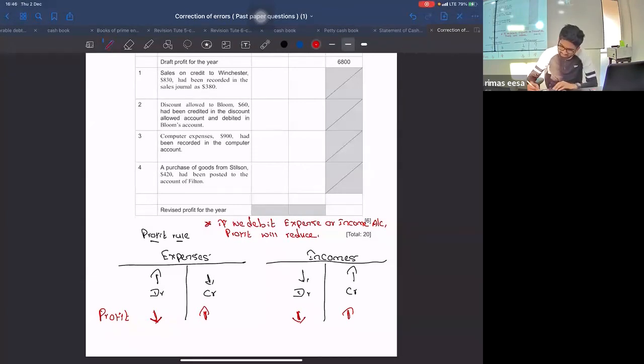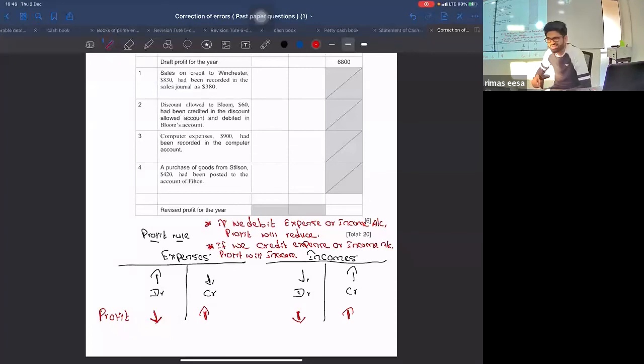And next point you can say, if we credit expense or income account, profit will increase. Okay, profit will increase. So that's a rule that you need to know.